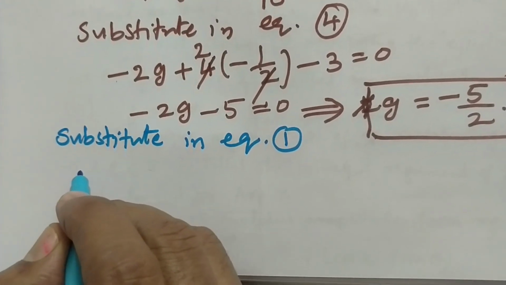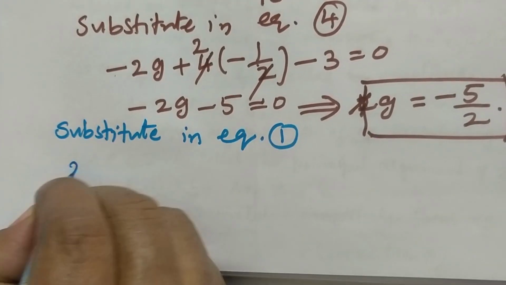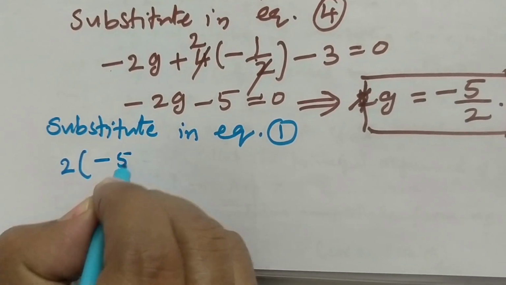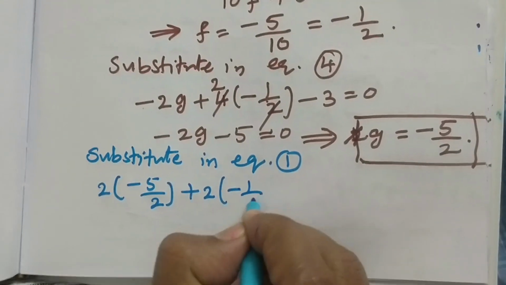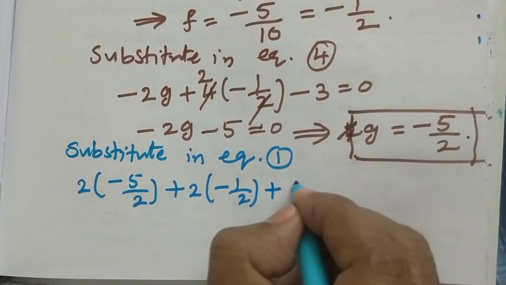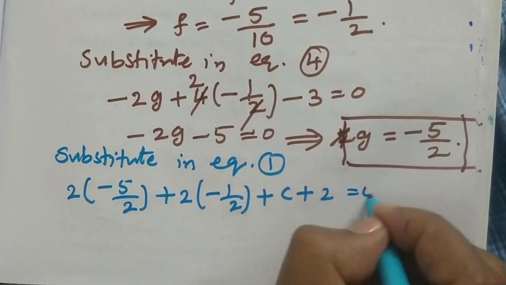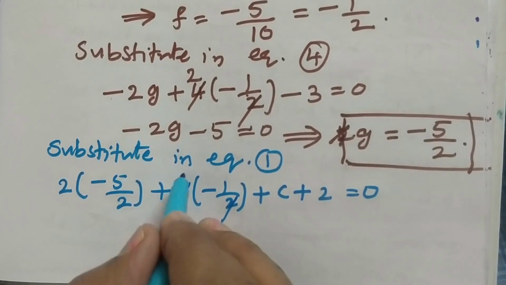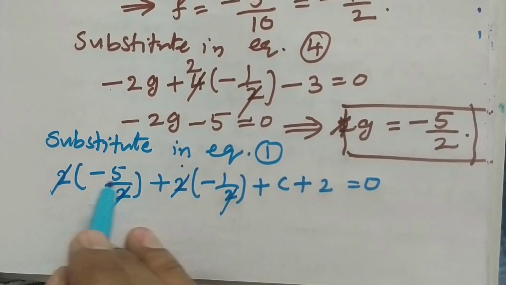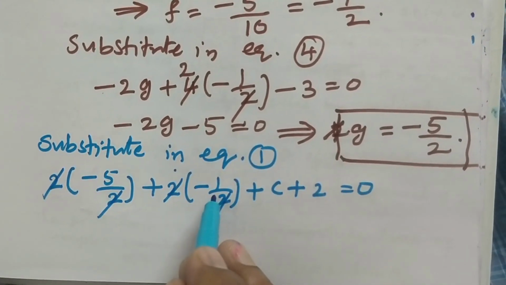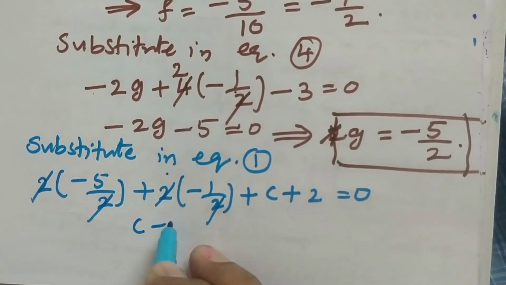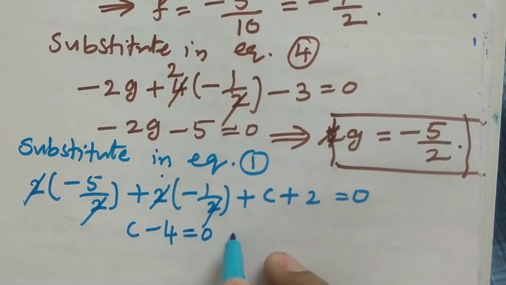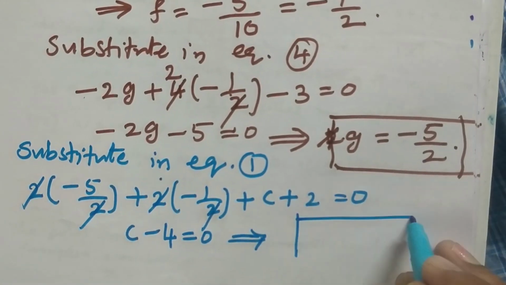That is 2 into G, which is minus 5 by 2, plus 2 into F, which is minus 1 by 2, plus C plus 2 is equal to 0. 2 gets cancelled, 2 gets cancelled, minus 5, minus 1, minus 6 and plus 2 is minus 4. So C minus 4 is equal to 0. This gives us C is equal to 4.